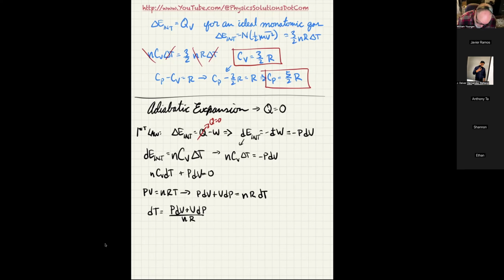So now I'm going to have N CV times P dV plus V dP over N times R, plus P dV is equal to 0. You can see immediately that the N down here is going to cancel out with the N up here, and we can get some more simplification by distributing.